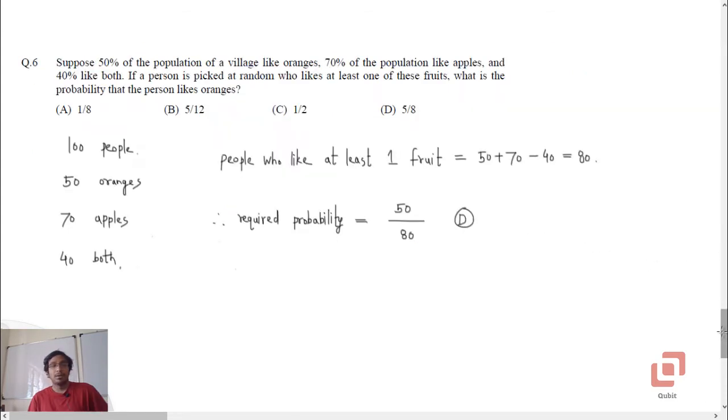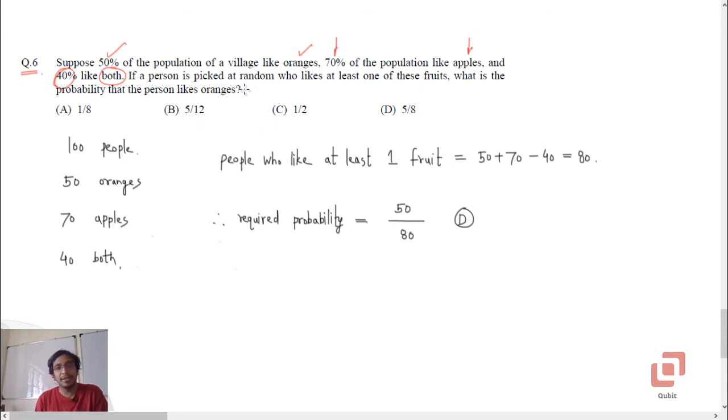Question 6 is from probability, but again a very simple question. Suppose 50% of the population of a village likes oranges, 70% likes apples, and 40% like both.